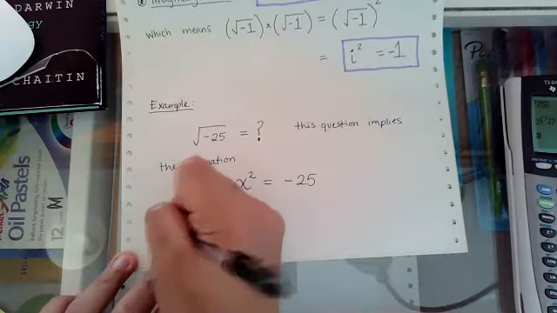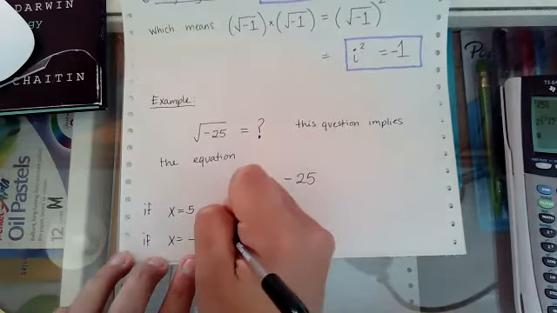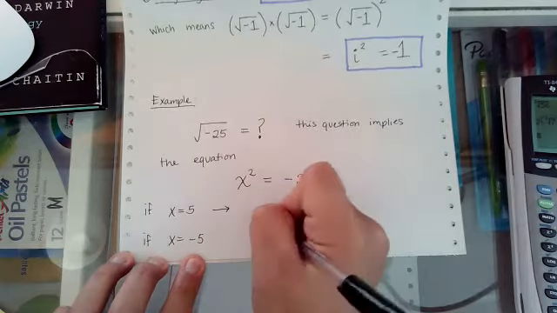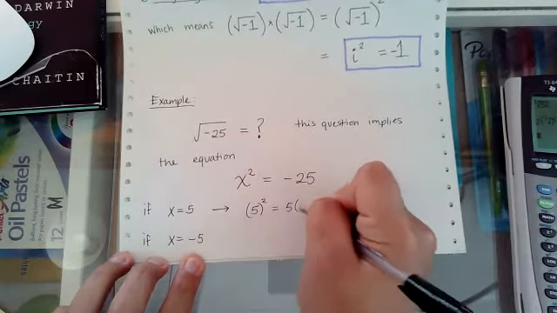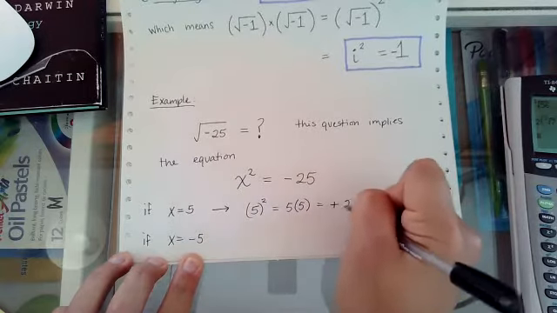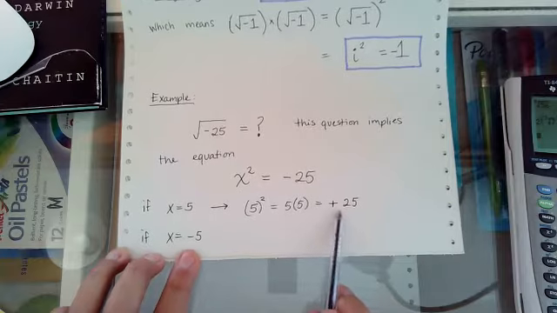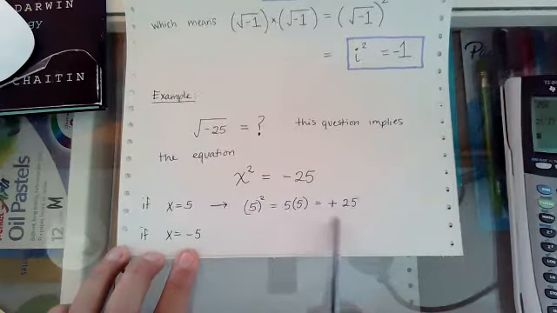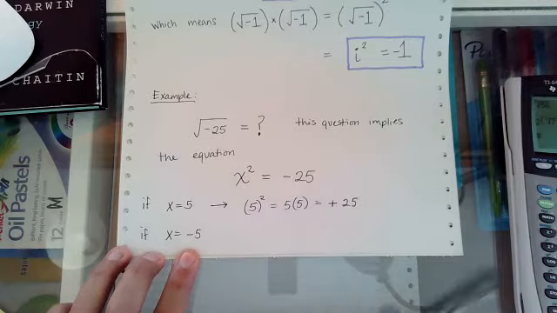But if x equals 5, that implies that 5 squared, which is 5 times 5, gives you positive 25. We don't usually put the plus sign in front of it, but just trying to make this absolutely clear that this won't be the correct answer because we're trying to get a negative 25.